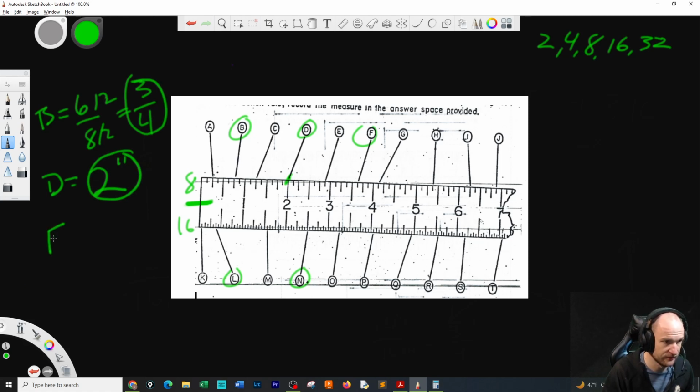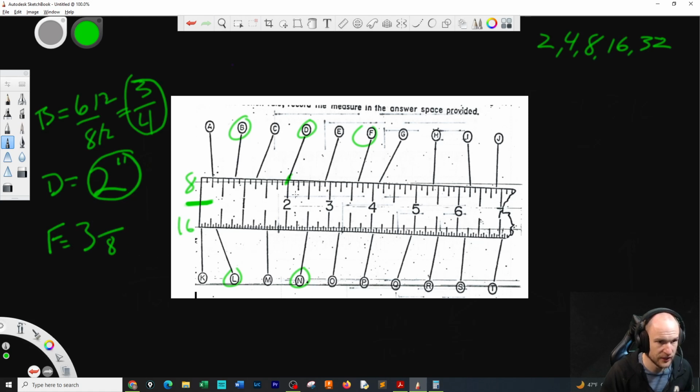And then we'll do F to finish the top half. And that is going to be an 1/8, but I'm not listening to myself. The first thing I'm going to do is find out how many whole inches we've got. 1, 2. So F is between 3 and 4 whole inches. So it is not 4 inches. It is 3 inches and some change. So it's 3 inches on the 1/8 inch scale.